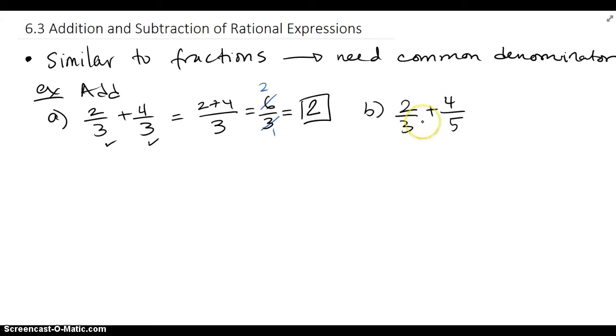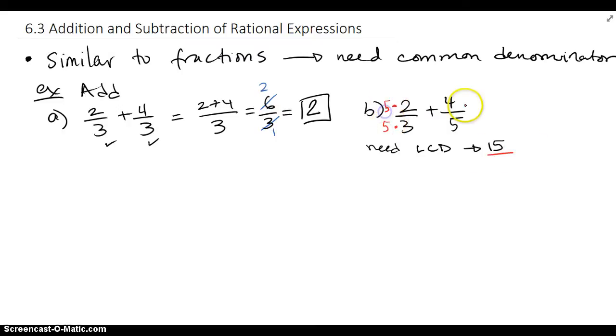Now if I want to add 2/3 plus 4/5, since the denominators are not the same, I'm going to need a lowest common denominator. I'm going to abbreviate LCD, and between the 3 and the 5, since they have no common factors, it would have to be an LCD of 15. So I multiply the numerator and the denominator by whatever factor is missing to make it look like a 15.